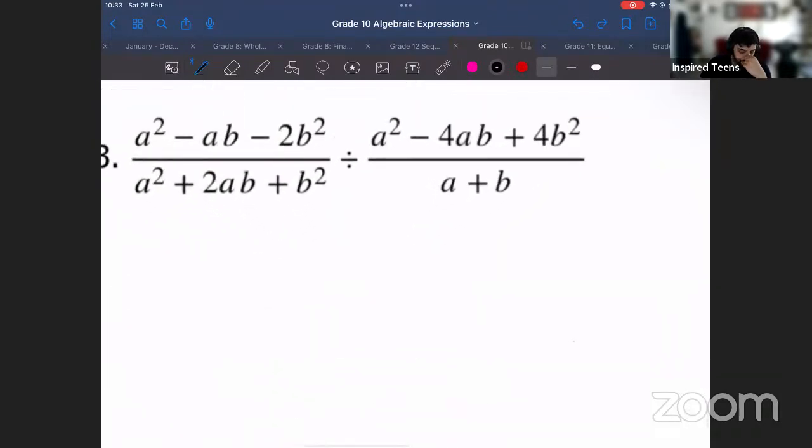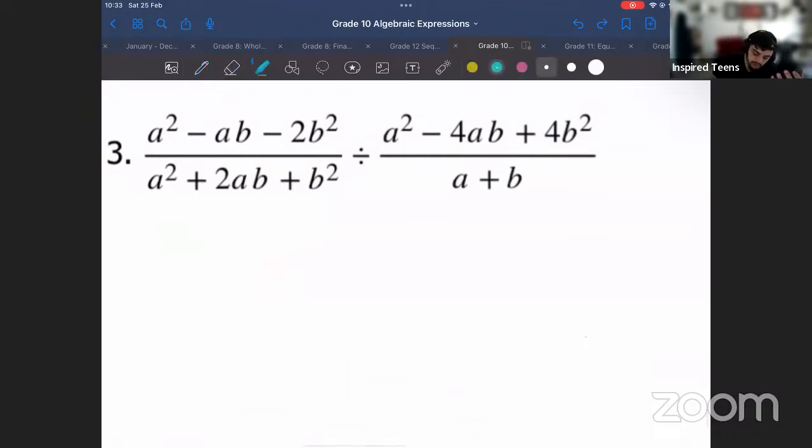Just remember that you can cancel these factors. So we're looking at this example. Tell me, top left now. What can I do in the top left? Okay, so it's a type of trinomial.